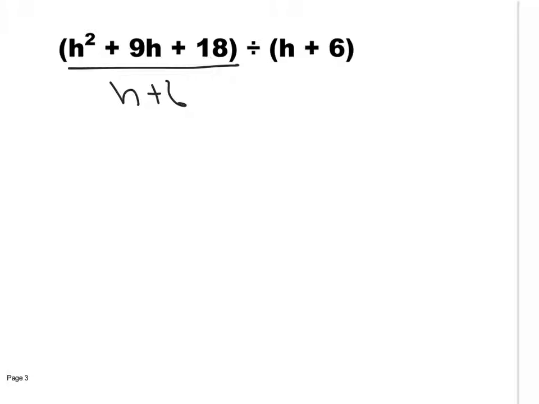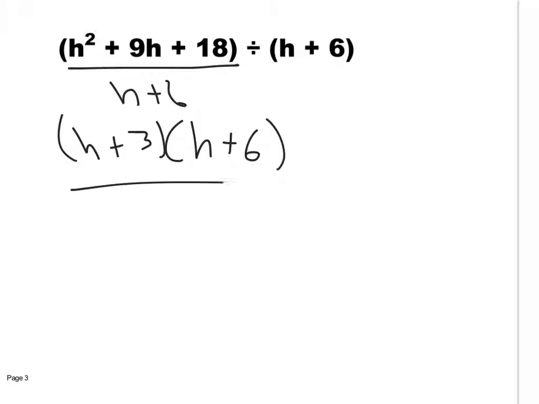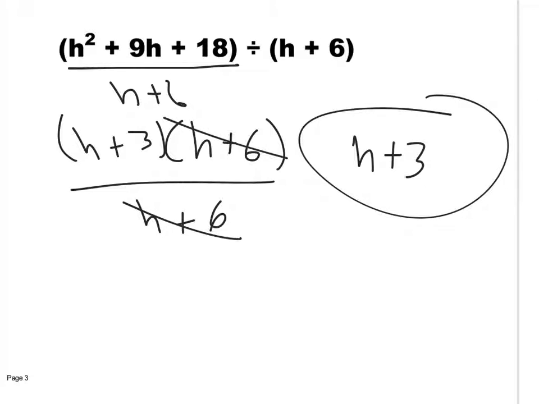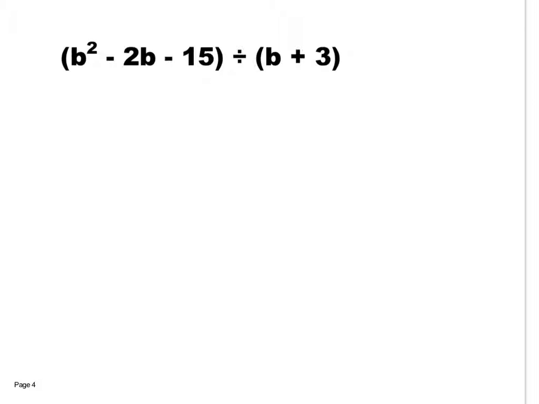What adds to give me 9 and multiplies to give me 18? 6 and 3. So I'm going to split h squared plus 9h plus 18 into h plus 3 and h plus 6, and divide it by h plus 6. That cancels, I'm left with h plus 3, and there's my answer.